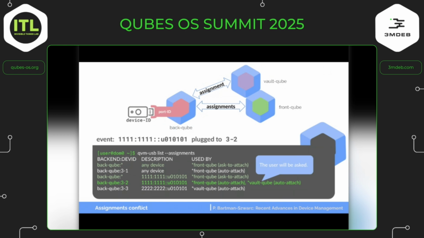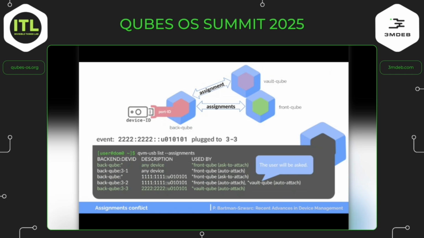But the most detailed one is the second assignment from the bottom, and there are in fact two such assignments, one to the front cube and the second to the vault cube. And in such cases, the user will be prompted and asked to choose to which VM she wants to attach the device.